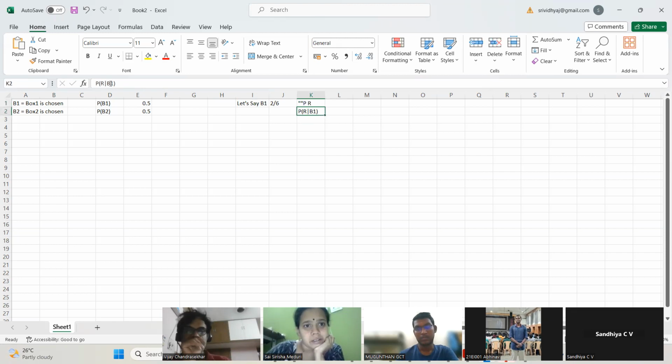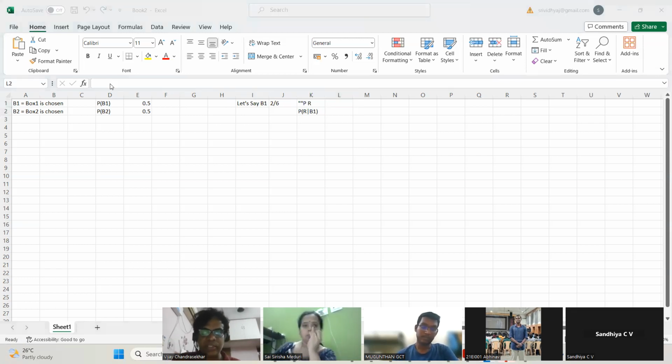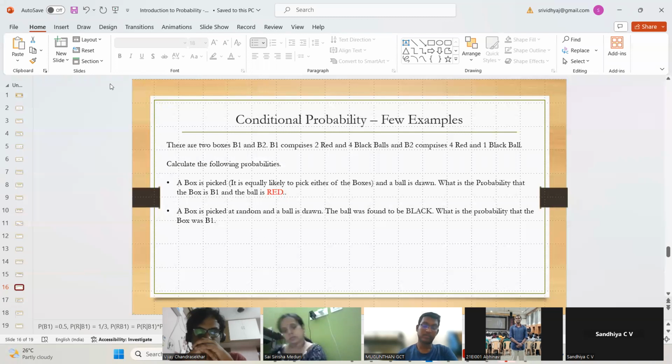Anybody who has a different answer? So Sirisha says 2 by 6 is P of R given B1. It is not P of R. You understand why Sirisha says so? Because if you look at the statement, it says a box is picked and a ball is drawn.